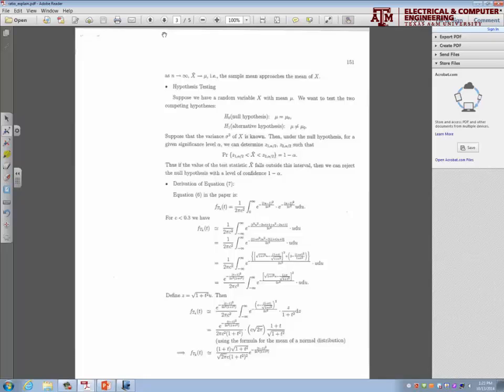So in hypothesis testing, suppose that the variance sigma square of x is known, just to keep things simple. Then under the null hypothesis, that is, the mean is actually mu0, for a given significance level alpha, you can determine this z1 alpha over 2, because in the limit the sample mean will be a normal distribution.